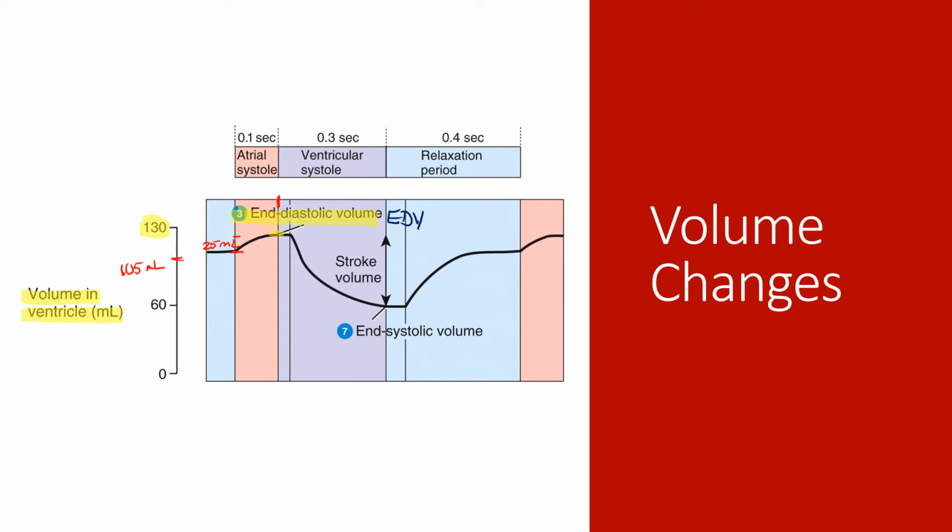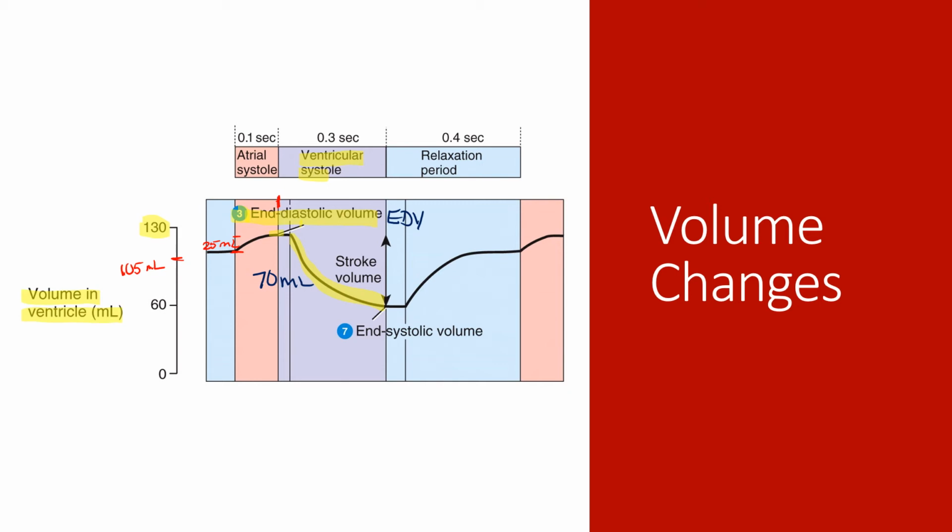Then we have ventricular systole occur, where the ventricles are going to contract and pump that blood out. It's going to pump out about 70 milliliters of blood. The left ventricle is going to inject that 70 milliliters of blood into the aorta.